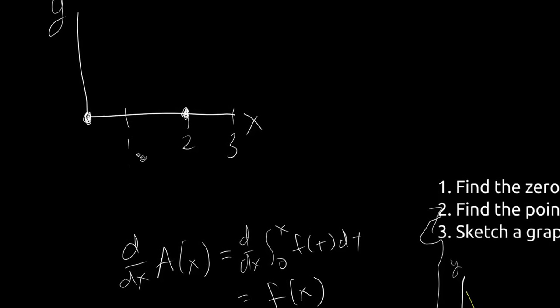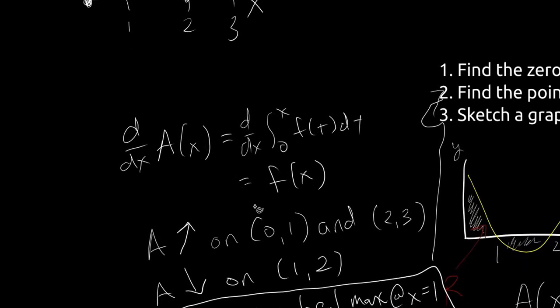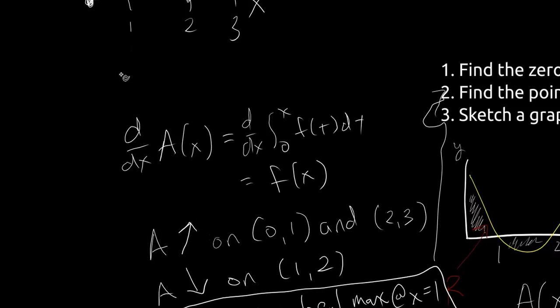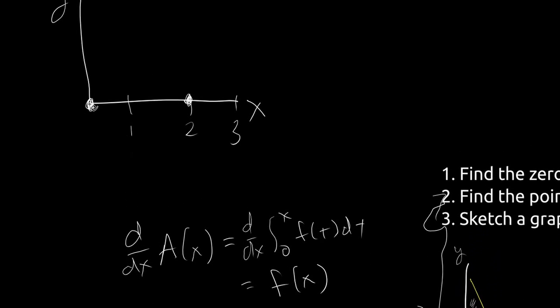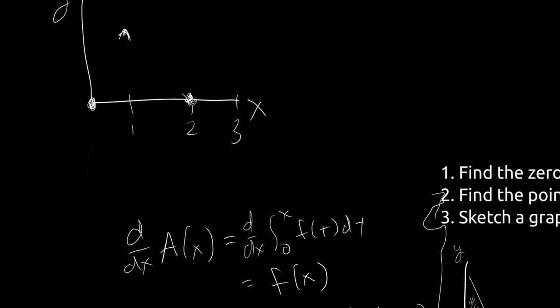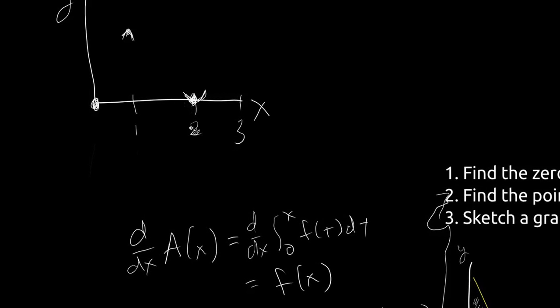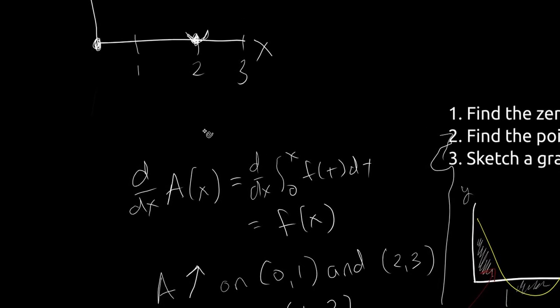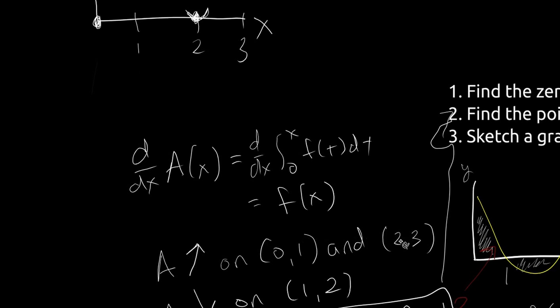Why is that? Well, remember, when x is between 0 and 1, A is what? Increasing. So if the area function's graph starts here, it's got to be increasing, and then at some point it has a local max, and then between 1 and 2 the area function was decreasing till it hit this local minimum, and then the area function was again increasing between 2 and 3.